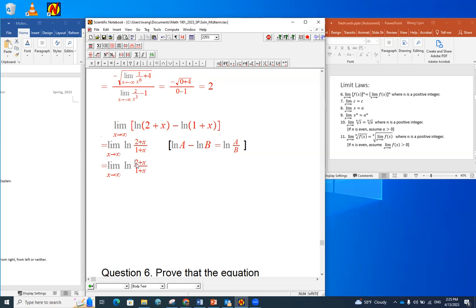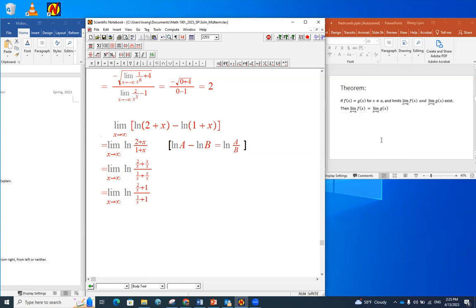We're going to divide this by x, divide this by x, divide this by x, divide this by x. We're applying principle number 1. The next step, of course, x over x is 1, x over x is 1.